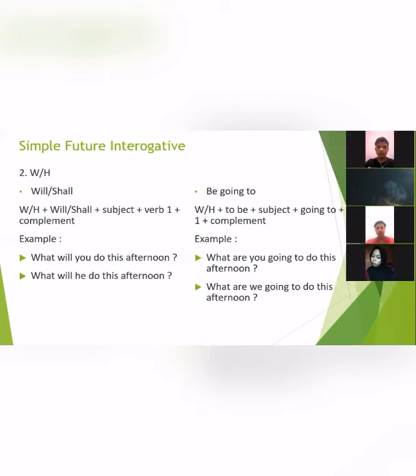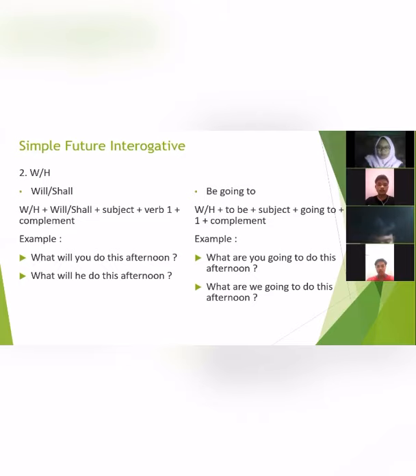If we use a WH question, like who, where, when, why, and how, and we use will or shall, the formula is WH plus will or shall plus subject plus verb 1 plus complement.